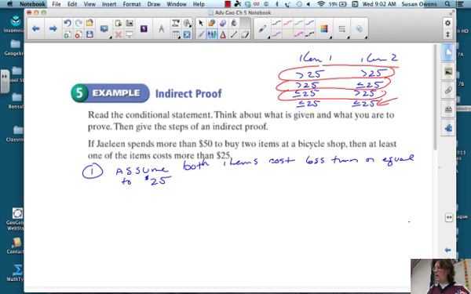Now, what I want to do is show that this couldn't happen. She spent more than $50. So if both items are less than or equal to $25, the most they can be is $25.